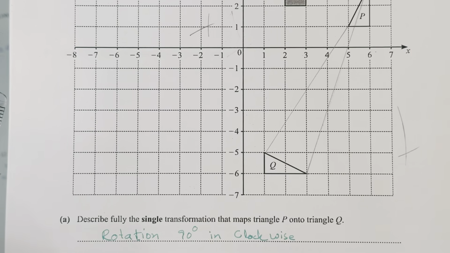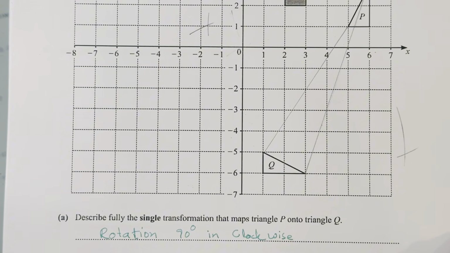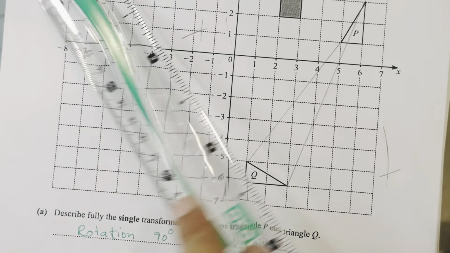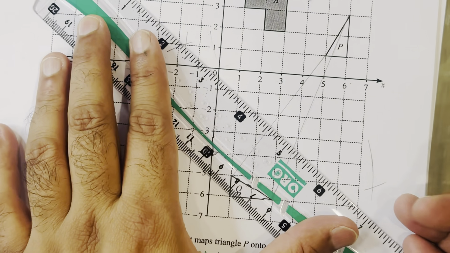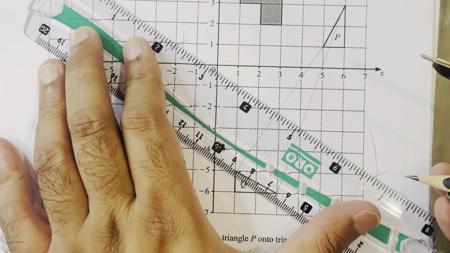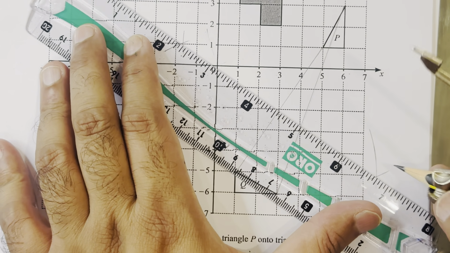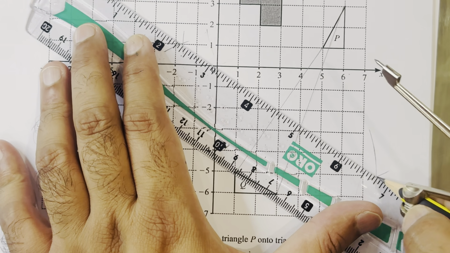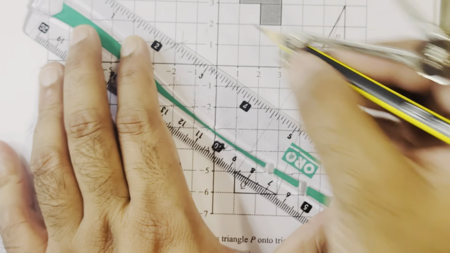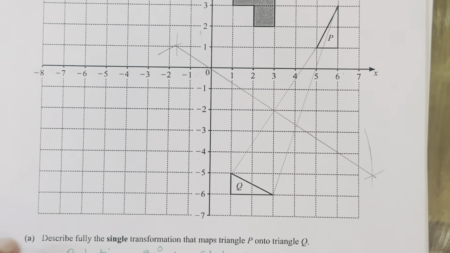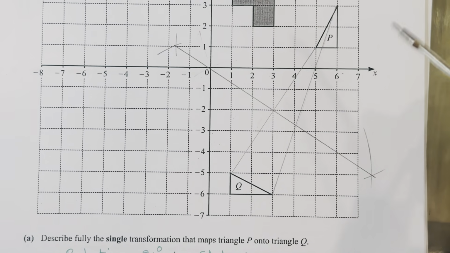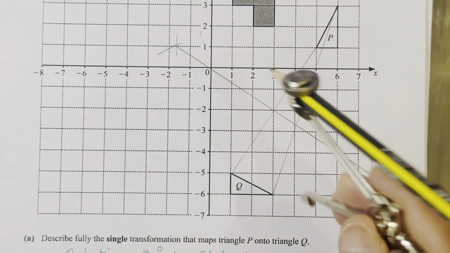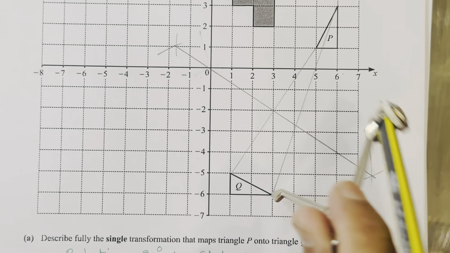This is the perpendicular bisector of the first line. As we can see that it is passing through the origin. We also need to draw the perpendicular bisector of the other line just to make sure.